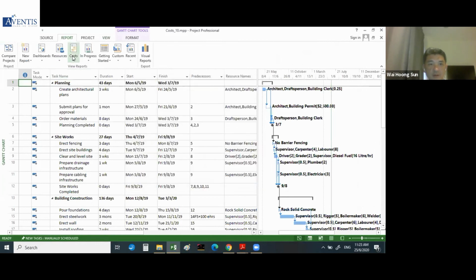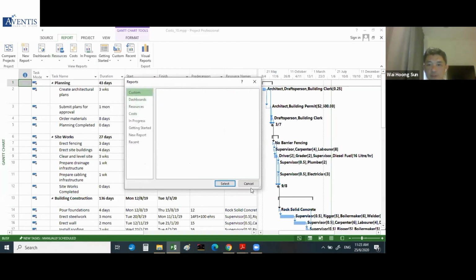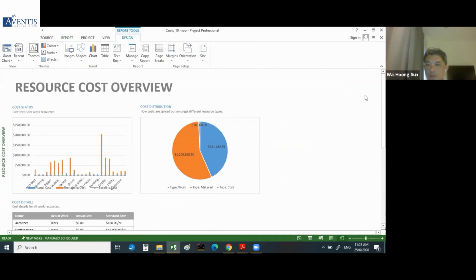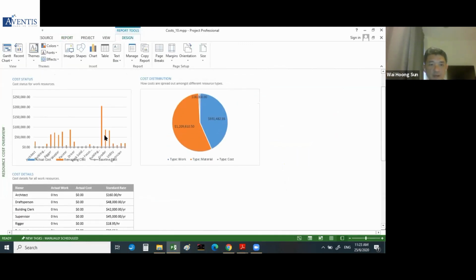For example, what is the total cost of the project and how it is split up. 1.2 million of the project is being spent on material. 931,000 of it is being spent on human resources, on the staff working on the project. So here you can have an overview.